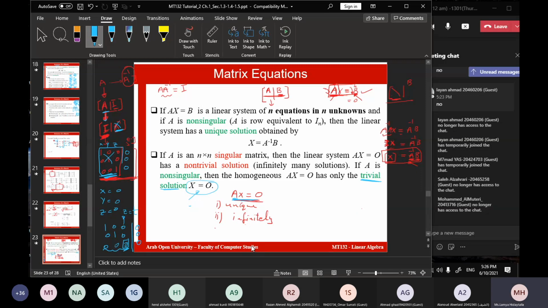So knowing whether A has an inverse or not will let me know whether it has a unique solution or infinitely many solutions, or even no solution in the case of AX equals B. The important thing is that you will know it is either a unique solution, or one of two: infinitely many or none. Because if I reached the identity, then that's it, unique solution.